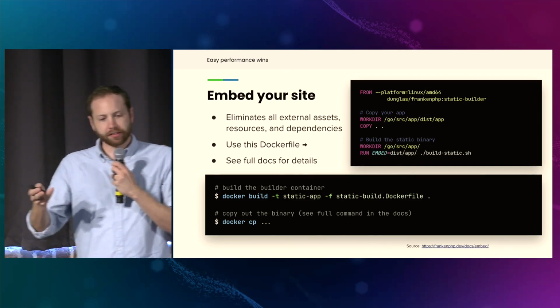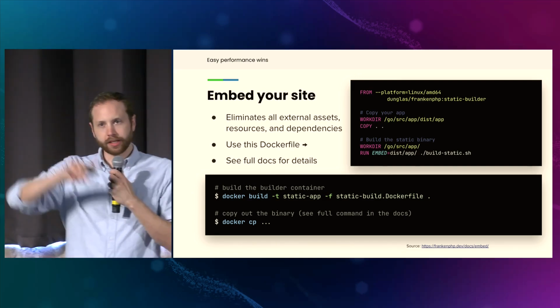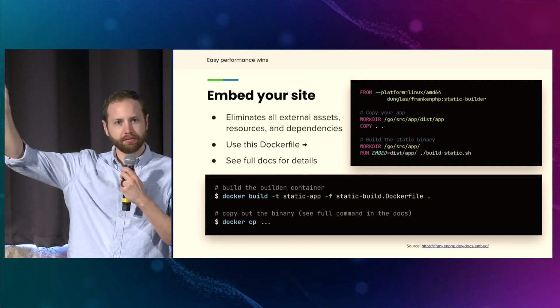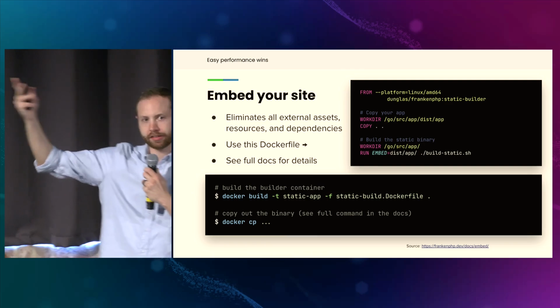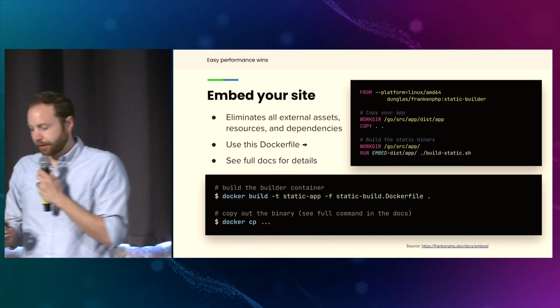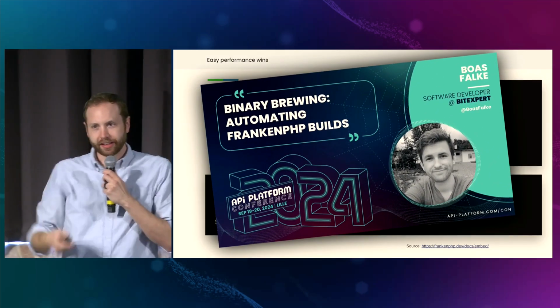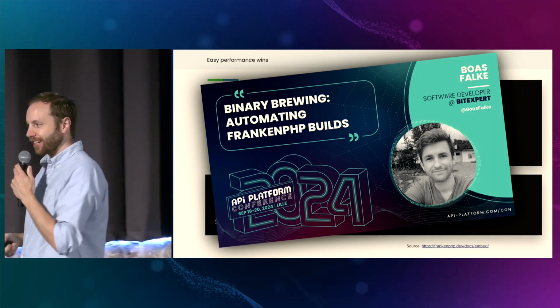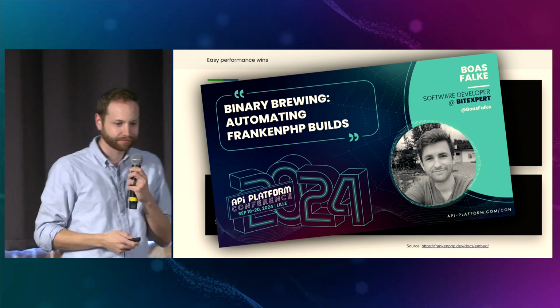So if you embed your site into your server binary, now you have one upload and you just run it, and you can't break it. I mean, not by updating your system dependencies or anything. You can't break it. It's all self-contained. But I'm not going to go into detail about this because Boaz, sitting right there, has a great talk in a couple hours about this very thing. So I'll let him go into detail about it.